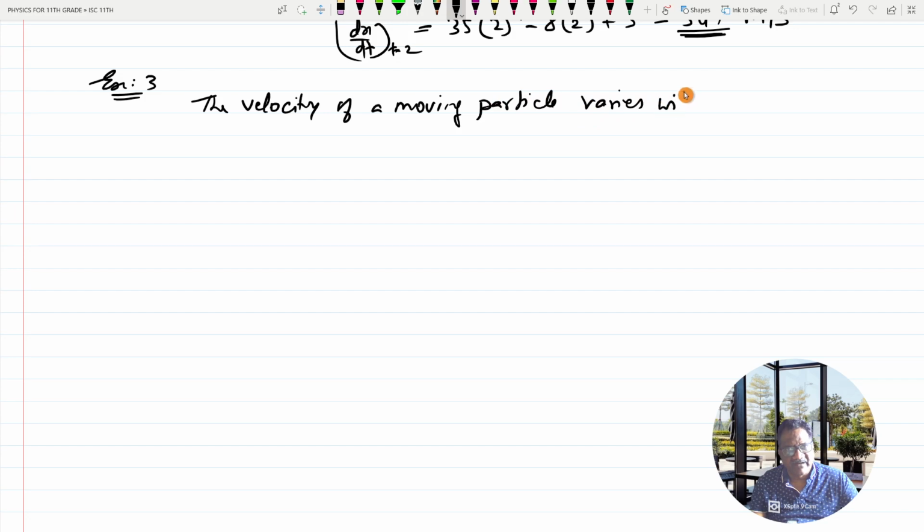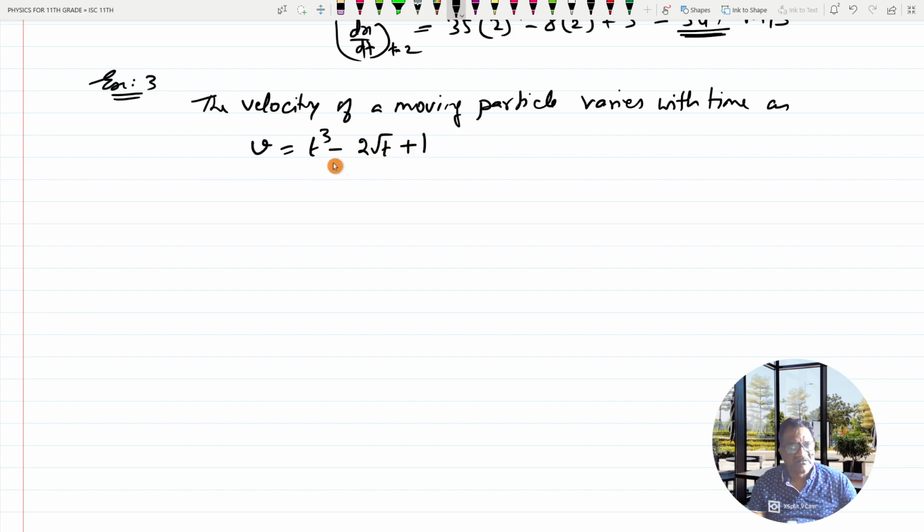So velocity with respect to time is given to you, and it is given in the mathematical form. V, which stands for velocity, is equal to t cube, where t stands for time, t cube minus 2 root t plus 1.